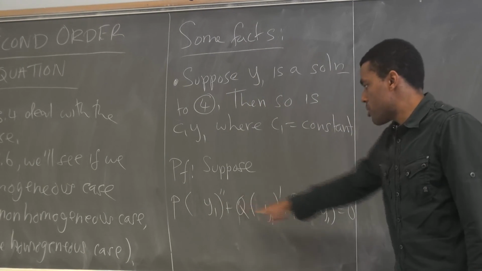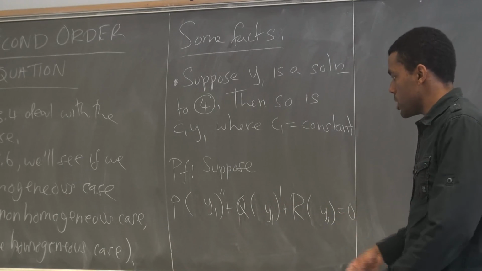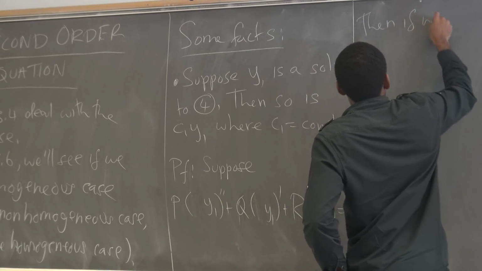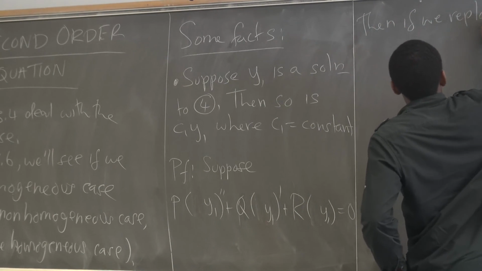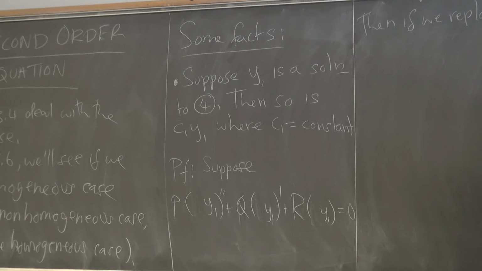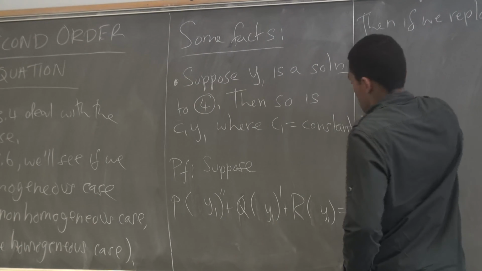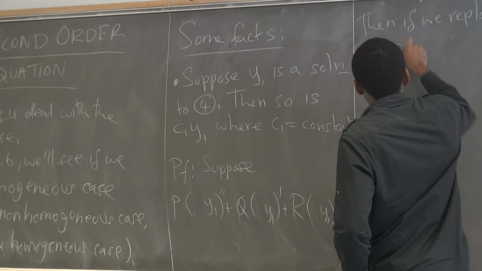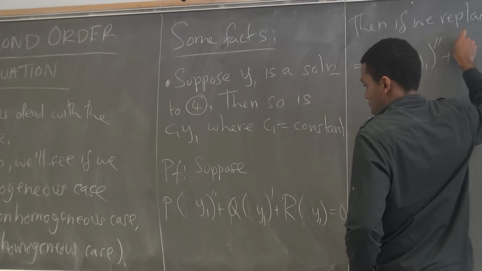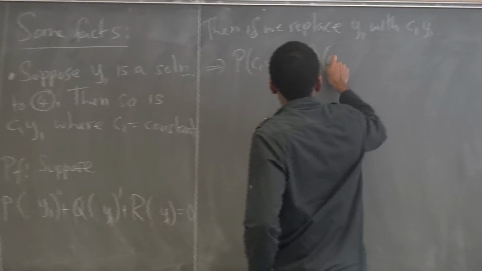It means I plug it into the differential equation and it works. It actually gives me 0. Then, if we replace y1 with c1 y1, then this means we get P of c1 y1 double prime, and so on.